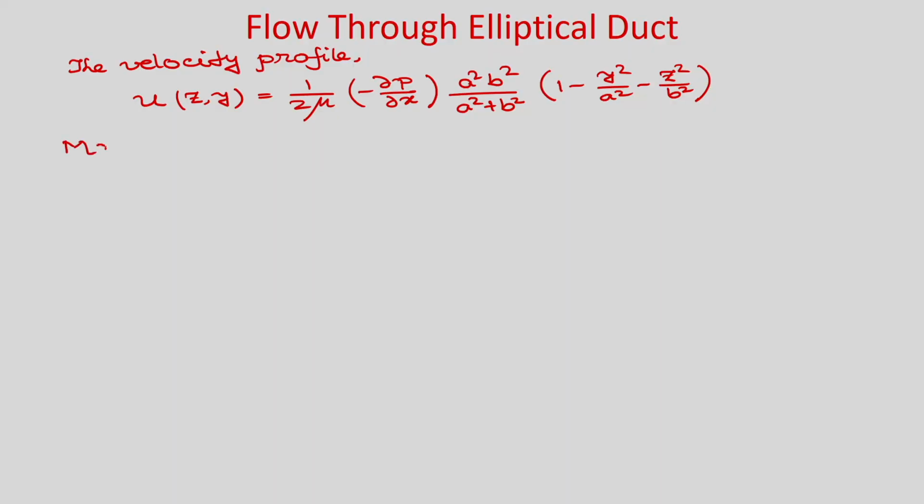So, if you put z is equal to 0 and y is equal to 0, then you will get the maximum velocity at the central line. So, let us find the maximum velocity, u max.